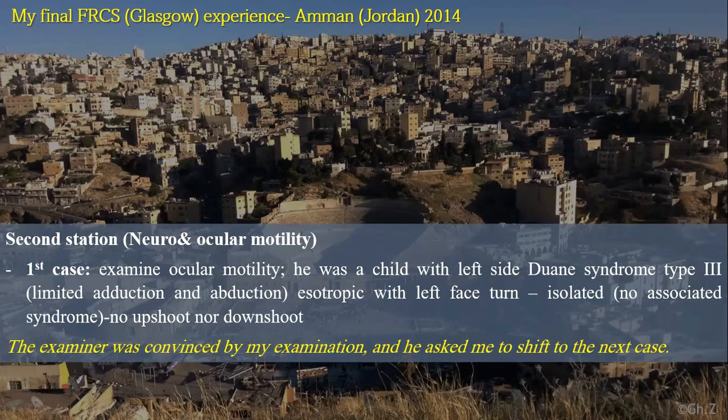But again, some do the motility first, then the cover test. Before my exam, I attended a clinical course, and they mentioned that you have to do cover test first and then the motility. In my practice, it varies from case to case.